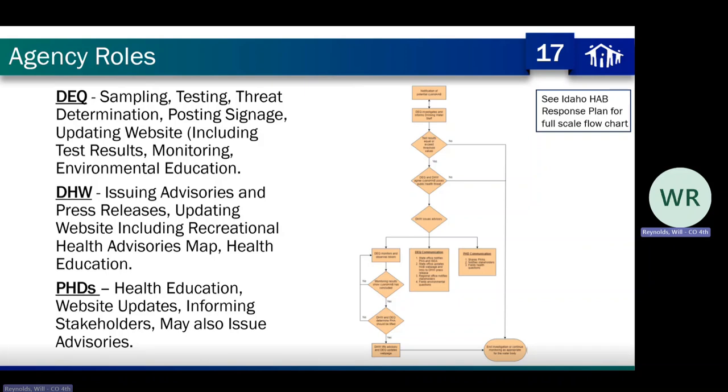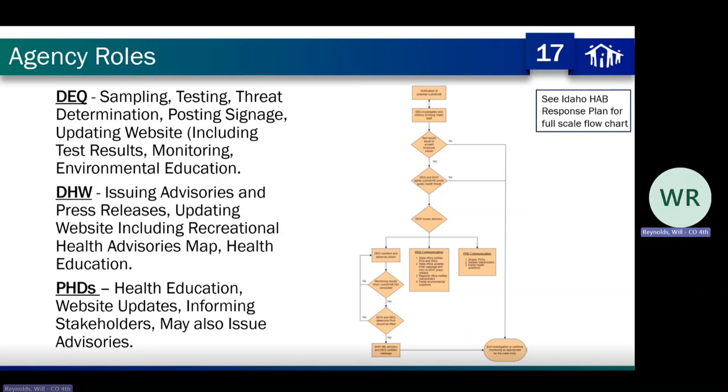We use it to show the public specifically where there are ongoing cyanoHABs above the recreational health advisory levels. We also rely on the public health districts to provide additional health education more specific to their local areas, as there are 7 of them, and just one Department of Health and Welfare main office where we address those types of questions.